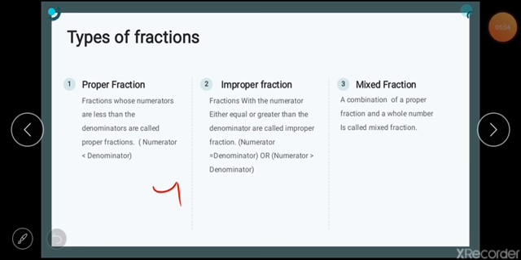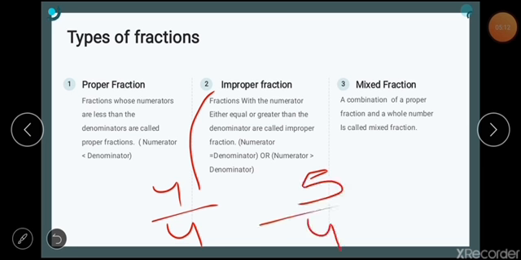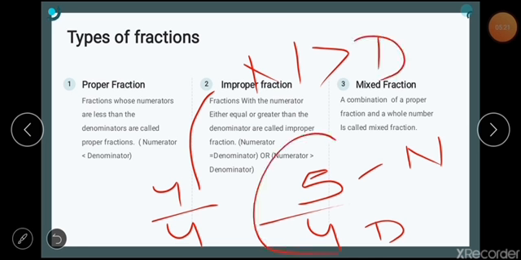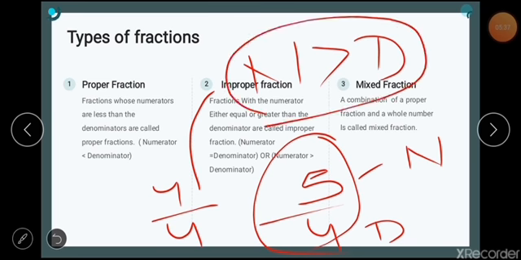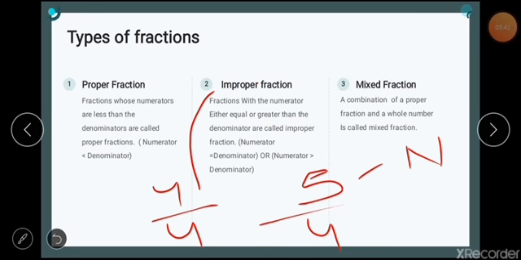If our numerator is equal to the denominator, then it is an improper fraction, or if our numerator is greater, for example 5/4, where the numerator is greater than the denominator, this type of fraction is called an improper fraction. So students, it is clear that when the numerator is less than the denominator, it is a proper fraction, and when the numerator is greater than the denominator, it is an improper fraction. And the next type is mixed fraction.